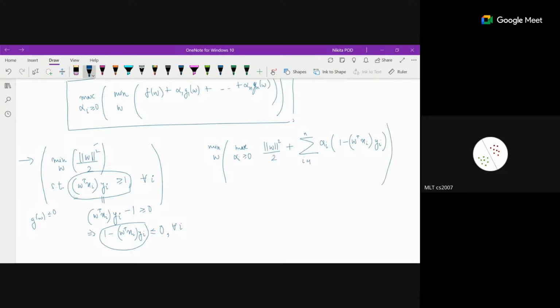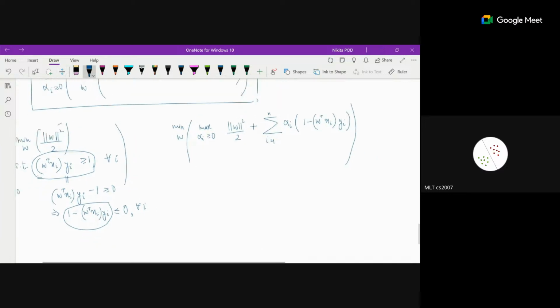This is my problem. So using the min-max duality of convex duality, we can write min-max as max-min.